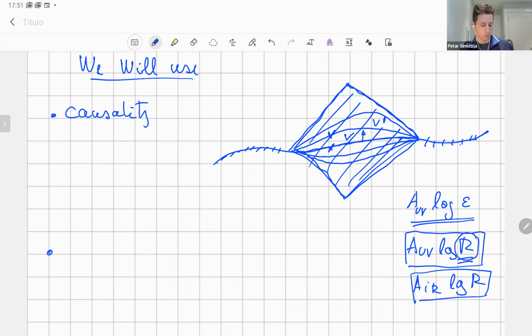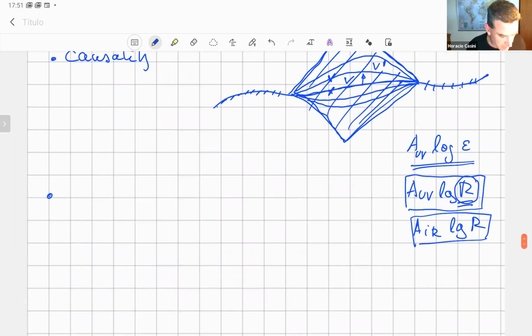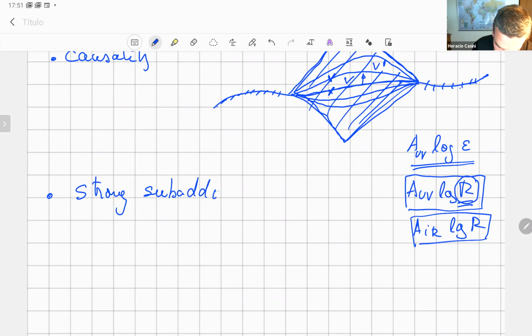Yeah, great. Thank you. So the second thing that we will use is an inequality that is a strong subadditivity. I think you have already seen that.